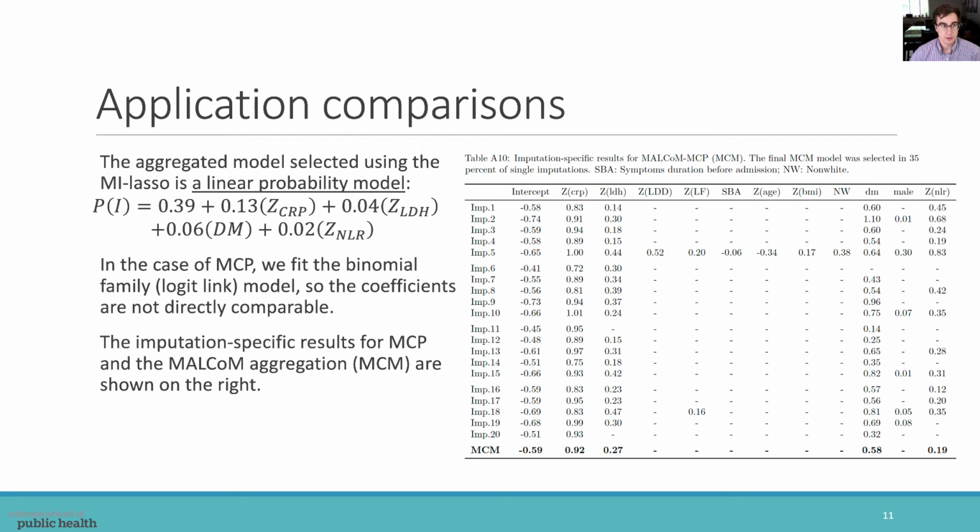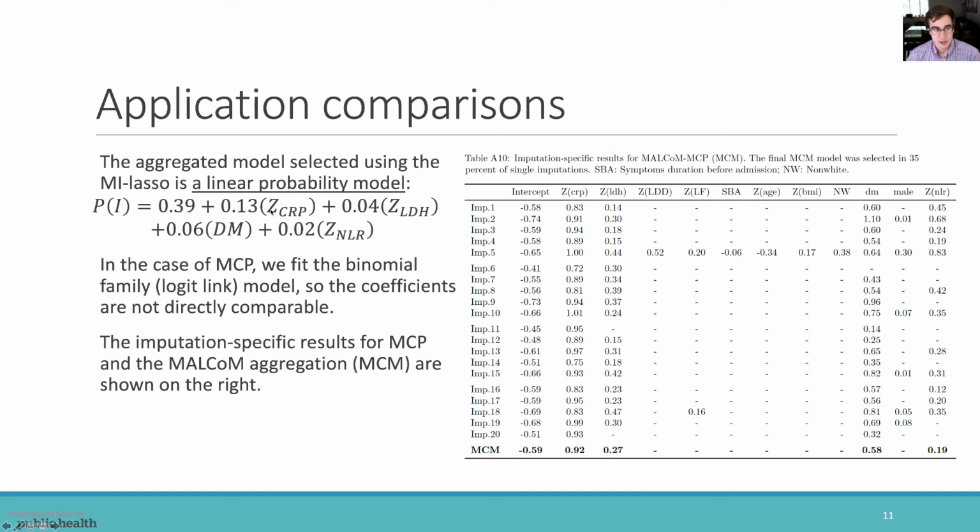Okay, so that said, we can still do a comparison of the MI lasso approach to our method in our application. The only difference is that we're going to have a linear probability model for that aggregated MI lasso procedure. And the model that is arrived at, if you do that, is listed here, where we have a baseline probability of 39% that someone gets intubated who comes into the hospital with COVID-19.